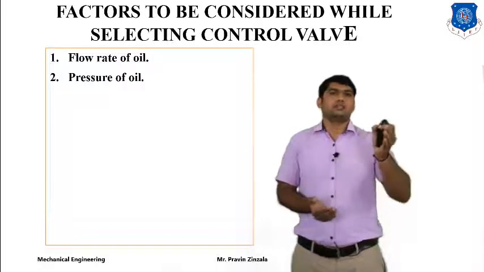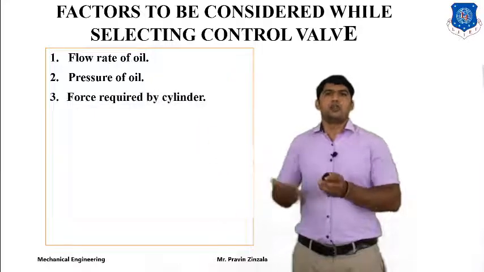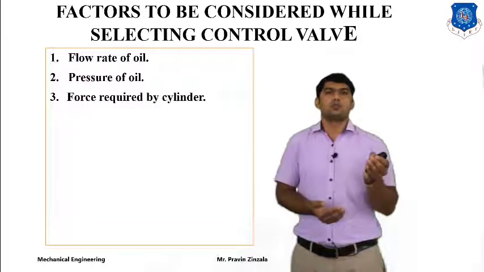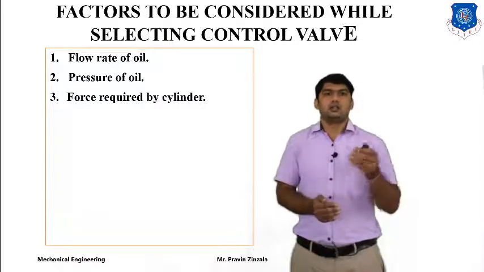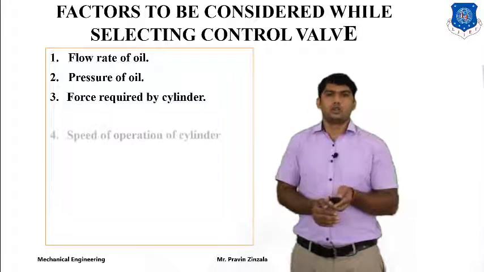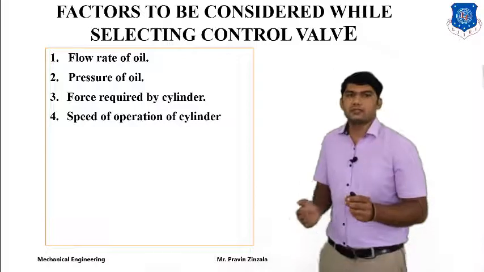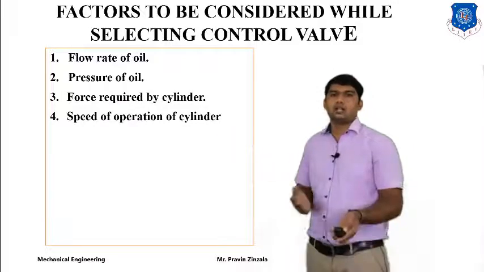According to the pressure we have to select the different types of valve. Third is force required by the cylinder. How much force is required, or what output is required, or how many tons of output you have to require. Next factor is speed of operation of the cylinder. Different cylinders have different operating speeds, so we have to select according to that.